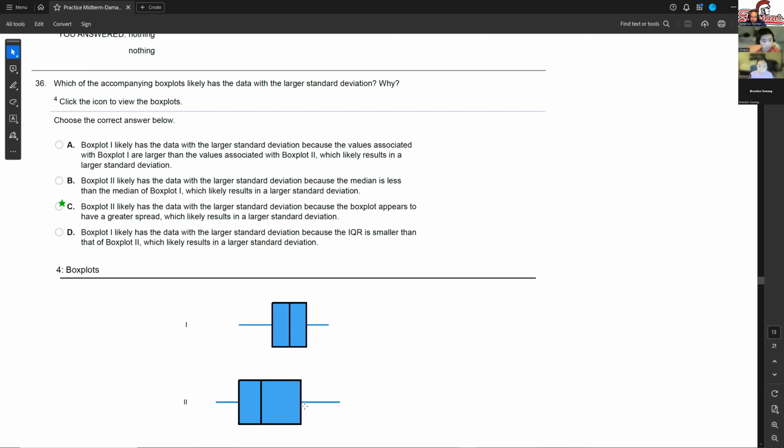But the upper 75%, the top 25% of all the data, I don't know how many data values are in there. Let's assume 100 in each. If there was 100 in each, the top 25 will be more spread out than the top 25 here.